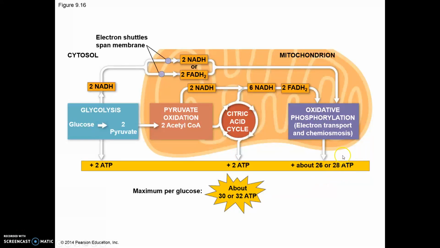That produces about 26 to 28 ATPs per glucose. This gives a maximum amount of 30 to 32 ATP per glucose molecule. So we get a couple here, and then 26 to 28 here. Why is this not a uniform number?